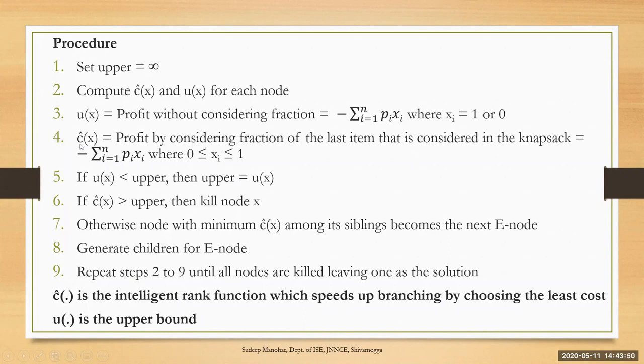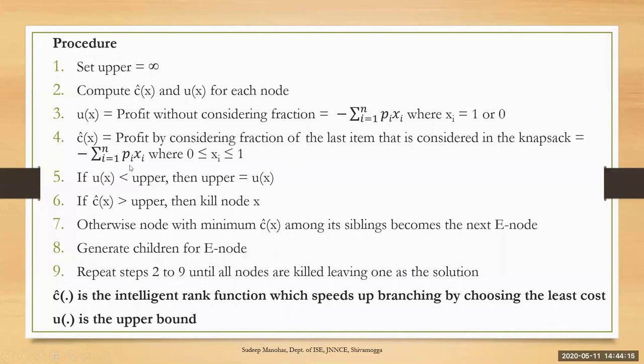Now one more, C cap of x. It is also the same thing, the profit, but by considering the fraction. Think that for the last item, there is no space to put it in full. In that case, you are supposed to take a fraction of the last item and put that into the knapsack. That is not called a 0-1 knapsack because you are considering the fraction.